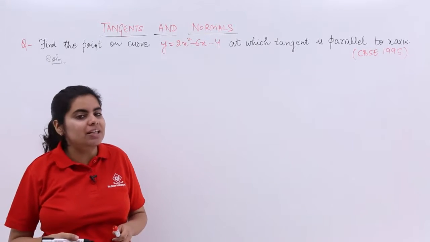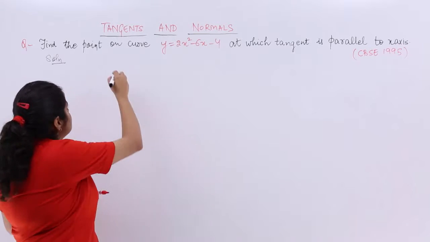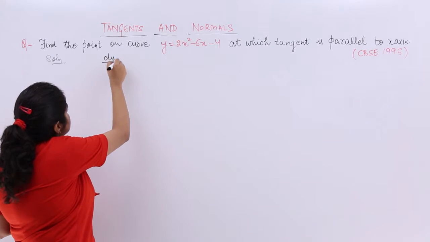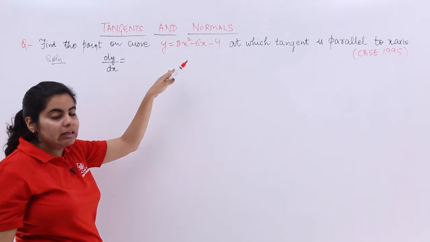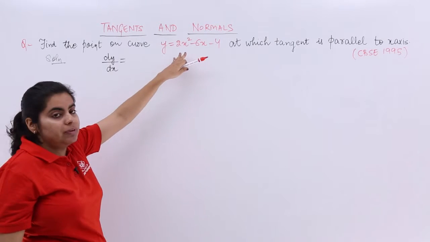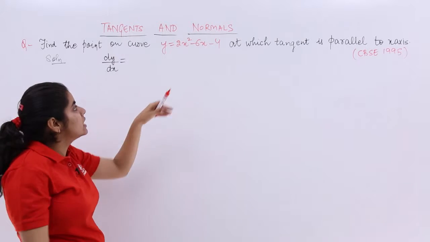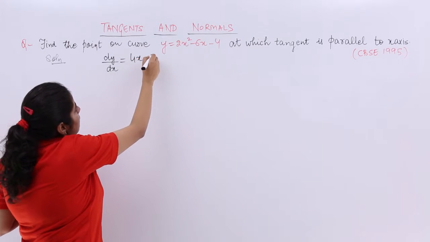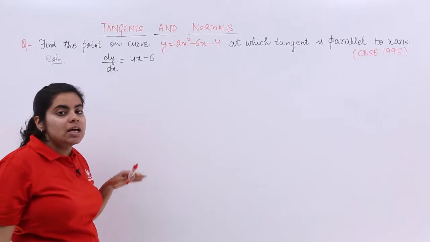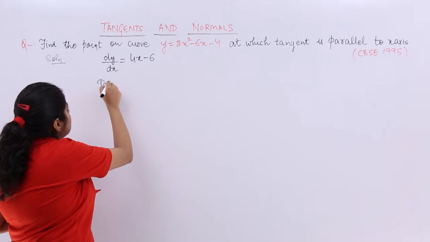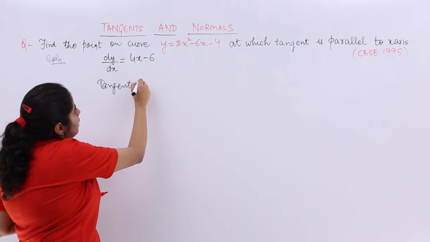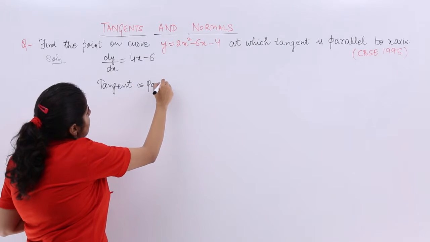Let's start with finding dy by dx. So y is given. What is dy by dx? It is nothing but the slope which we have to find. So it is 4x minus 6, right? Now it has been given that the tangent is parallel to the x-axis.